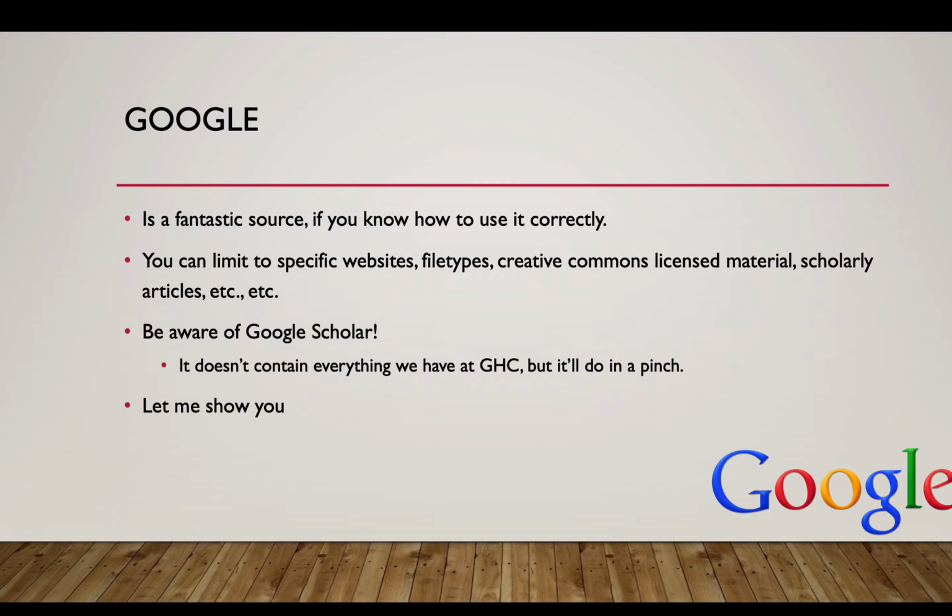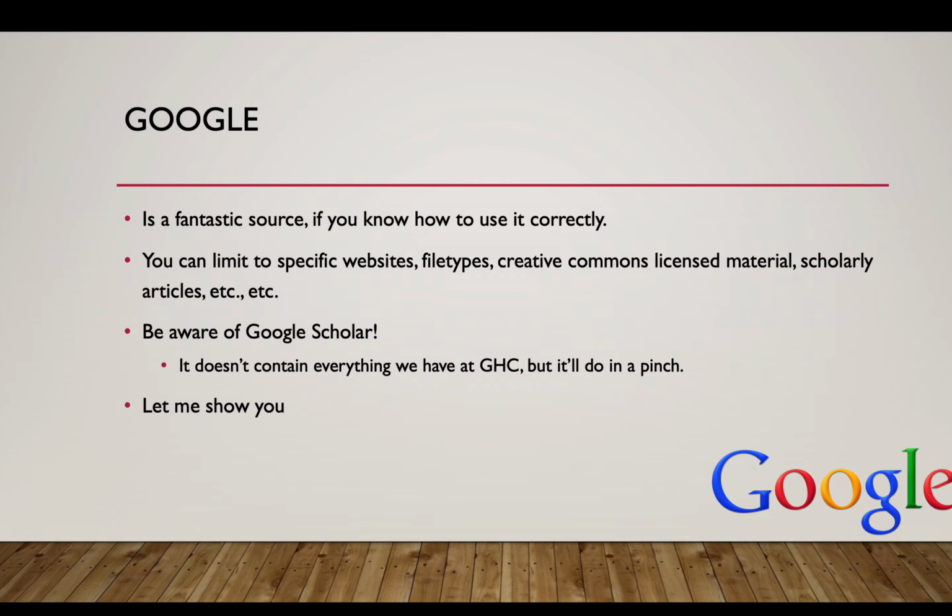Google has some tricks that many people do not know about. And we're going to go over some of those in a minute. But as we do this, I want you to keep in mind Google Scholar also exists. Google Scholar is like a whole special section of Google for scholarly articles. You can use Google Scholar to look up stuff for your classes.